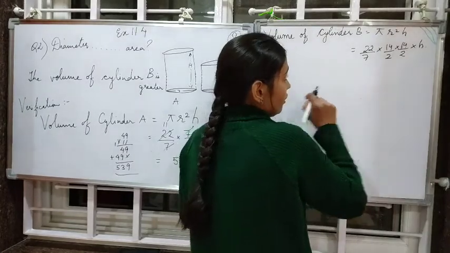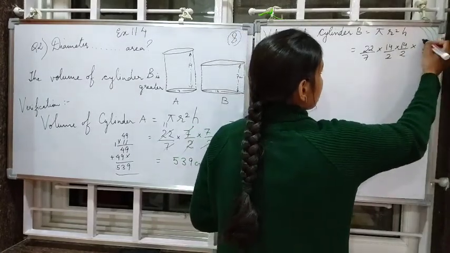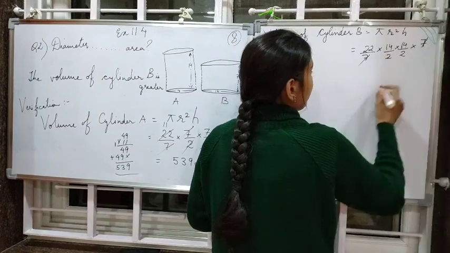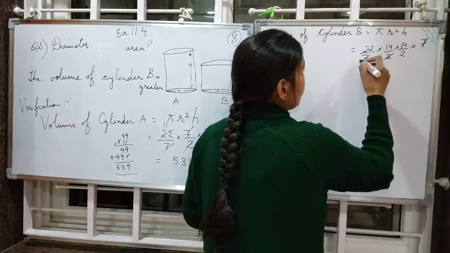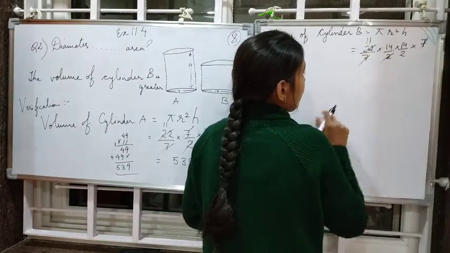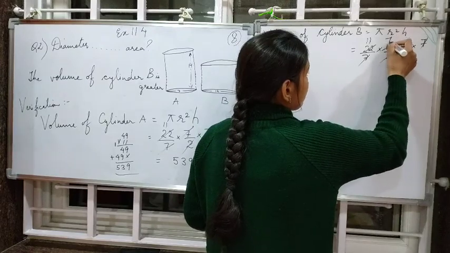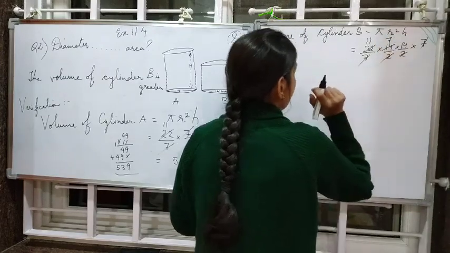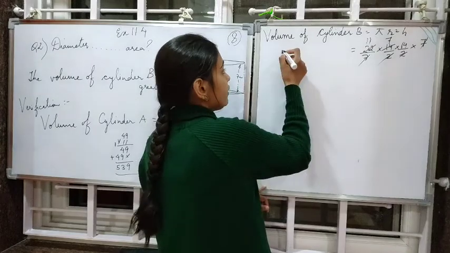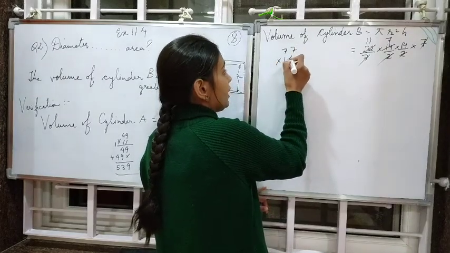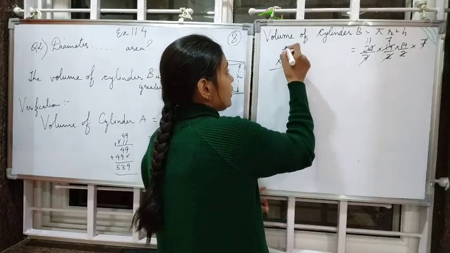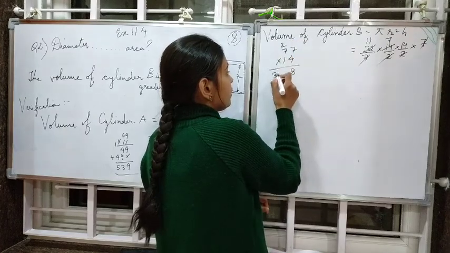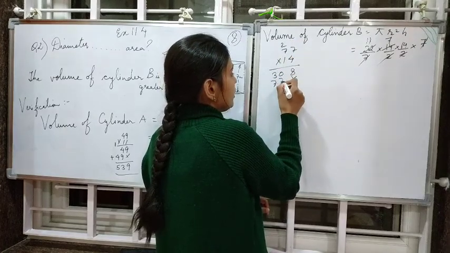Now here h means 7. 7 and 7 got cancelled. 2 11s are 22, 7 11s are 77. 77 will be multiplied to 14. 7 4s are 28, 29, 30 and 77.